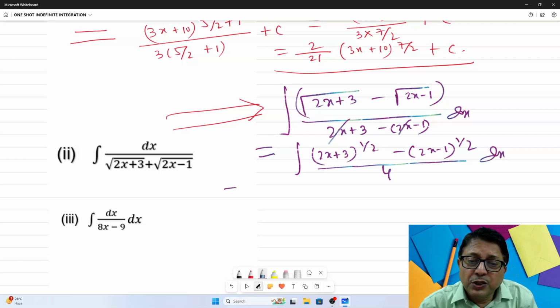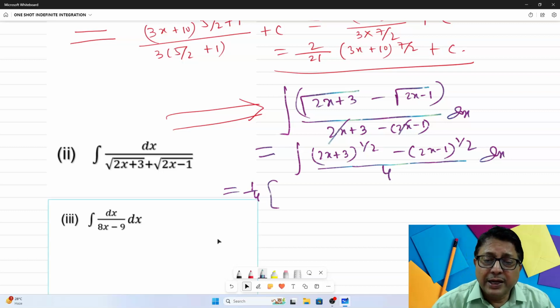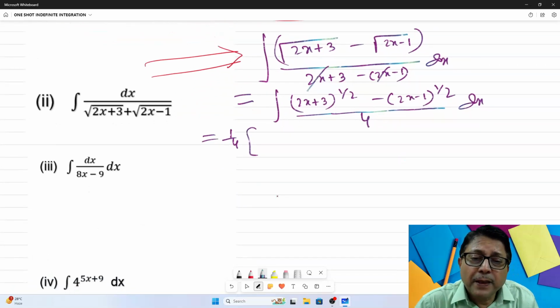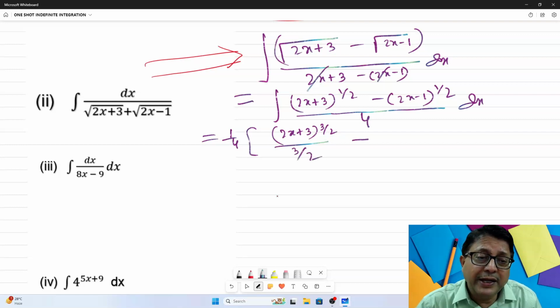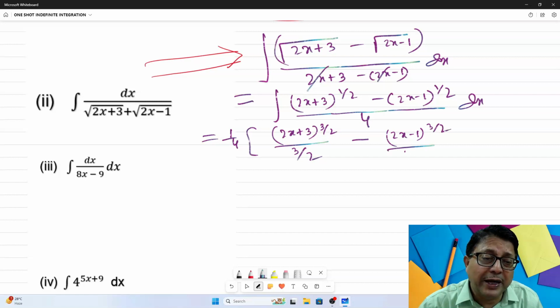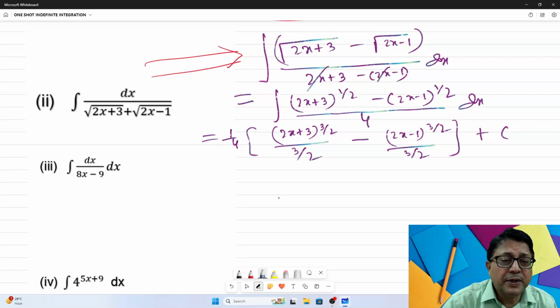Alright. So 1 by 4 will be there outside, and here it will be (2x+3)^(3/2), half plus 1 is 3 by 2, minus (2x-1)^(3/2) by 3 by 2. This you can easily simplify.